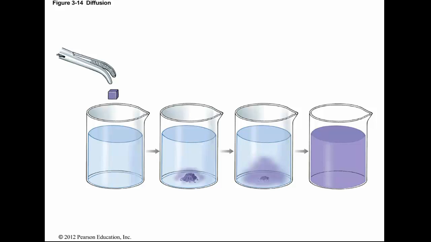You can see that once the solute is added to the solvent, the molecules of the solute begin to be released and bounce randomly against each other until there is a concentration which is evenly distributed through the solvent.